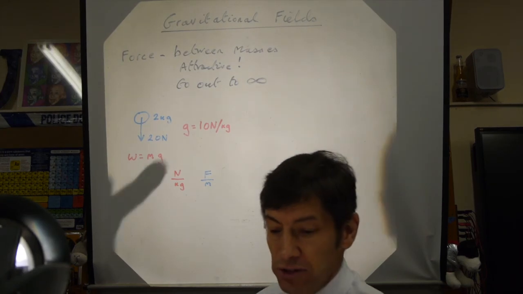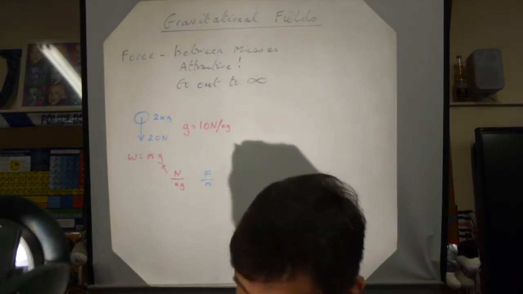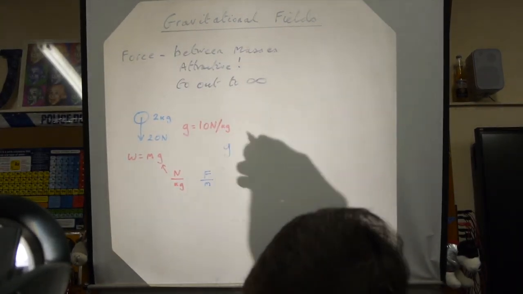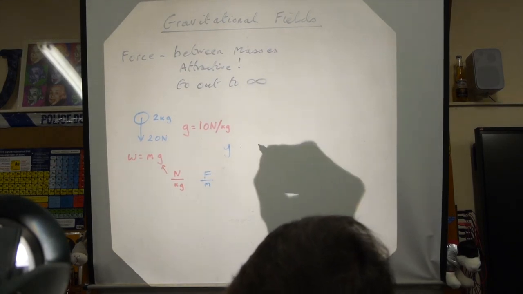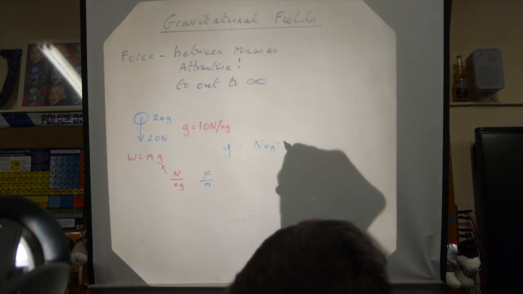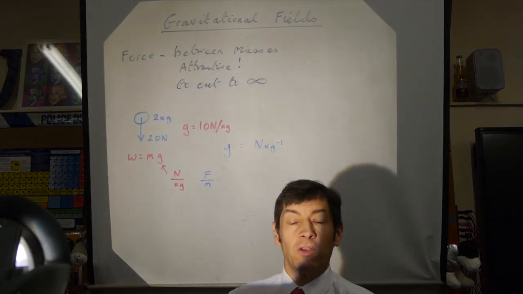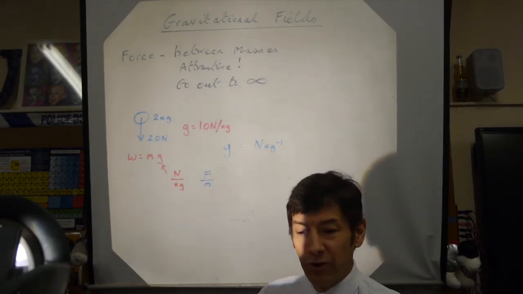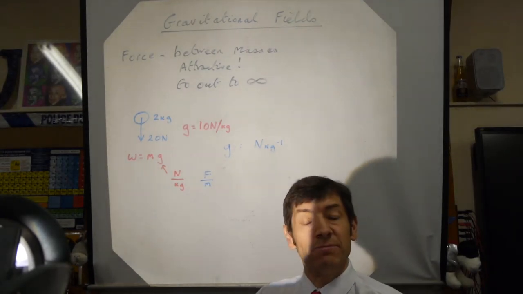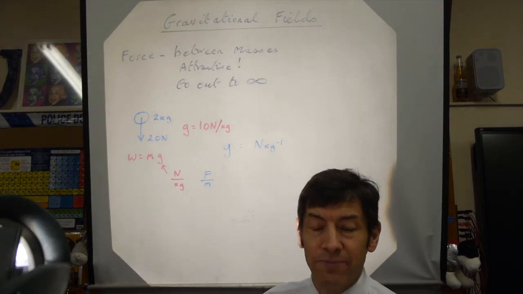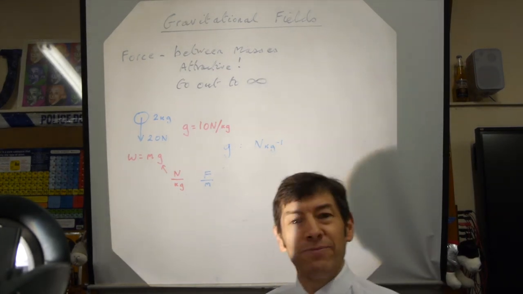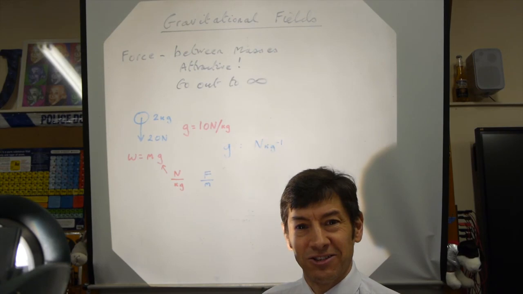So g will always have the units of newtons per kilogram. So that's a quick and brief introduction to the GCSE bits you need to know. My plan now is to take this physics just a little bit further.